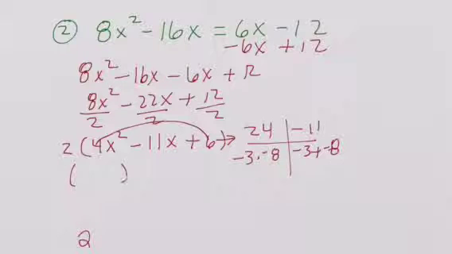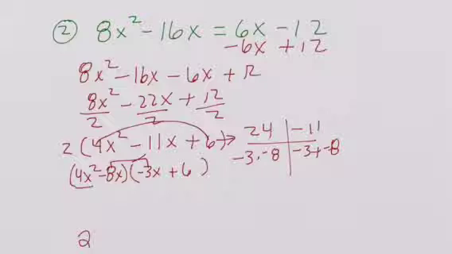So we're going to set up our 2 parentheses. We'll take our number 1 player, 4x squared, and our number 2 player, plus 6. And we're going to take a look. Negative 8 has more in common with 4, so we're going to put negative 8x. And negative 3 has more in common with 6, so negative 3x. We're going to do a quick check to make sure that those equal negative 11x.